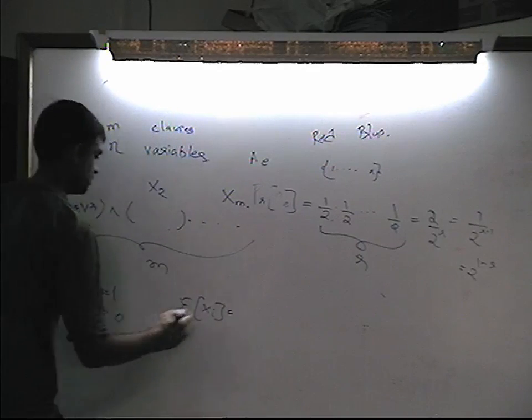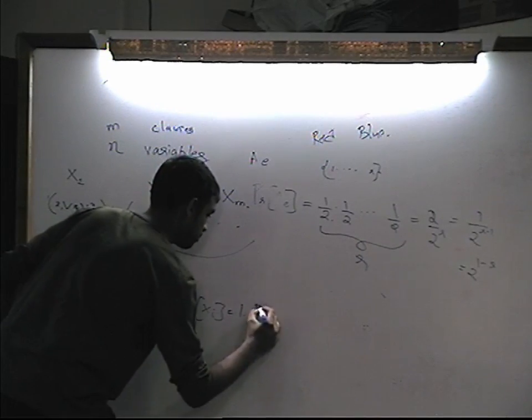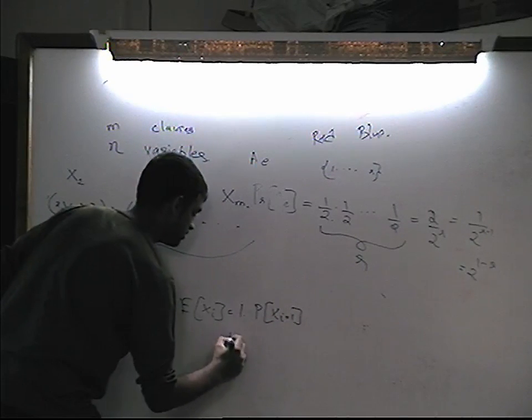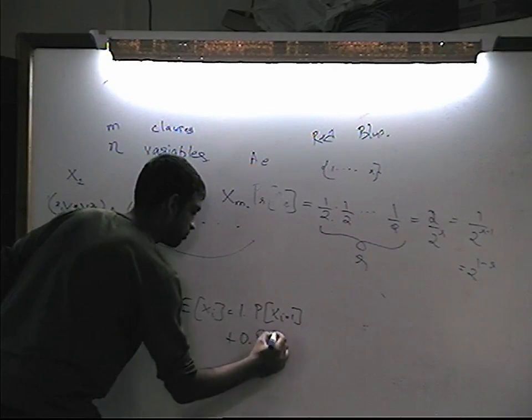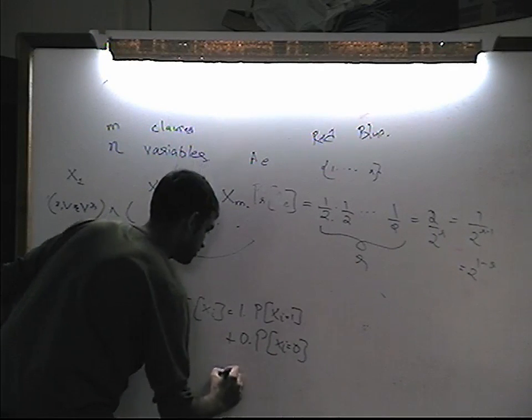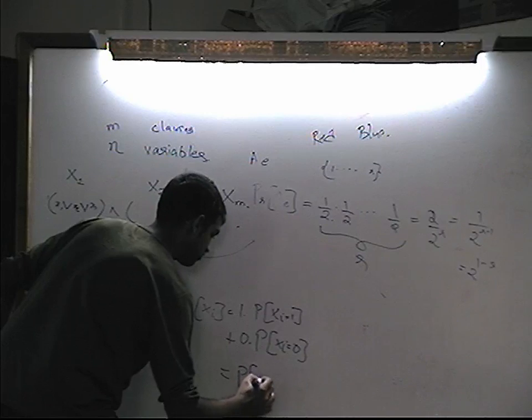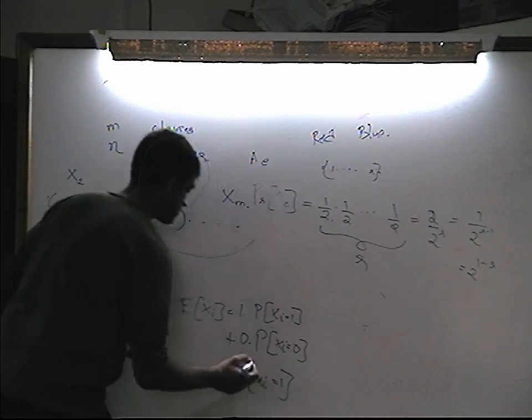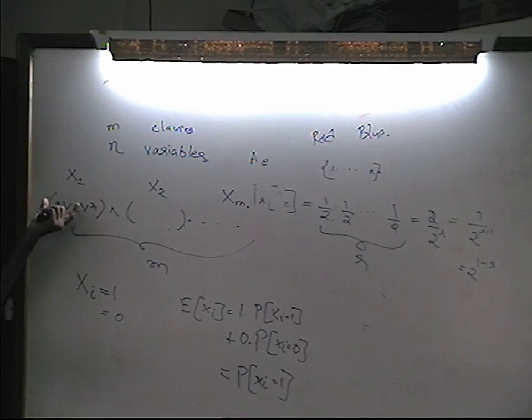It is 1 times the probability that xi is equal to 1 plus 0 times the probability that xi is equal to 0, which is just the probability that xi is equal to 1. This means the probability that by a random assignment this clause is true.